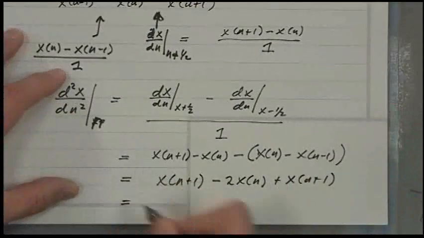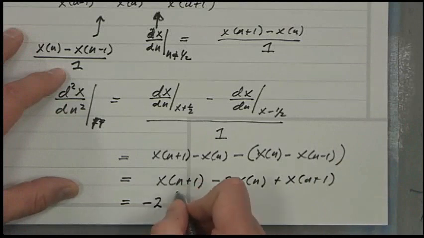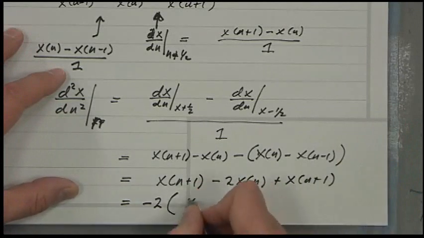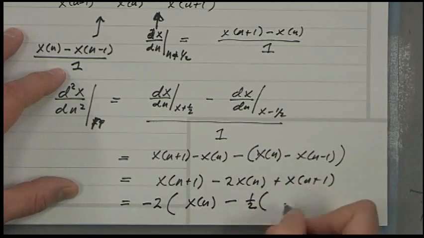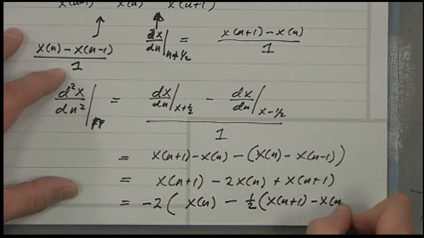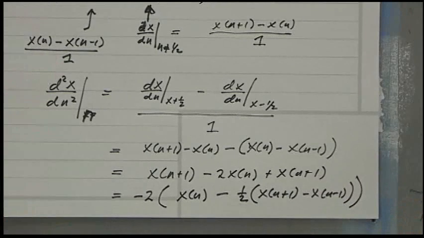So I can just rearrange some things here. I get minus 2 times x of n minus 1/2 x of n plus 1 minus x of n minus 1. Right?